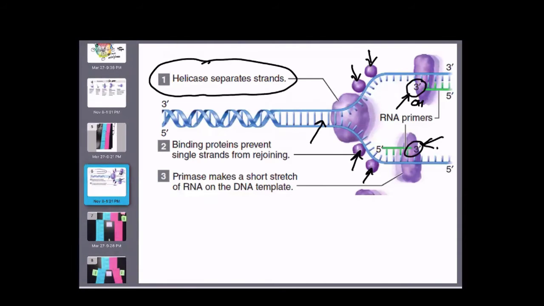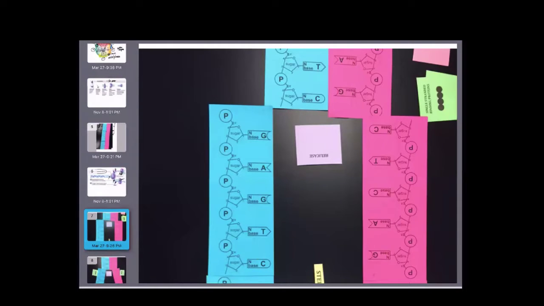So what we would have done in our lab is we would have actually had a mock copy of helicase, and now you can see how I've opened up my parental strands. If we look at this strand is going in 5' to 3' direction in that way, and then this one is going in the opposite direction. So you can see the, whoops, let me just redo that, it's the other way around.